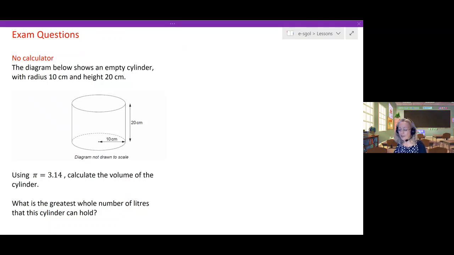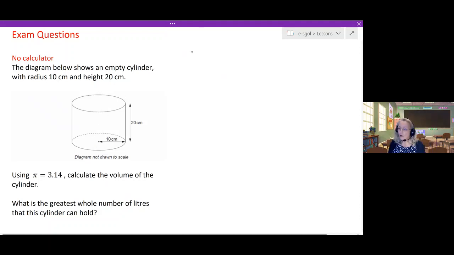Okay, let's have a look at this one. And again, if you need more time, then please just pause so that you can have the time that you need. So with this one, let me get my pen back. We've got an empty cylinder and we've got to work out the volume of this cylinder.